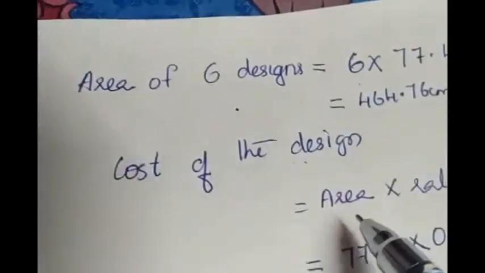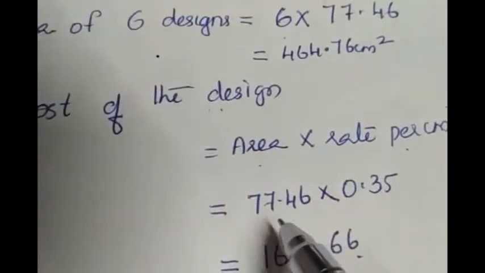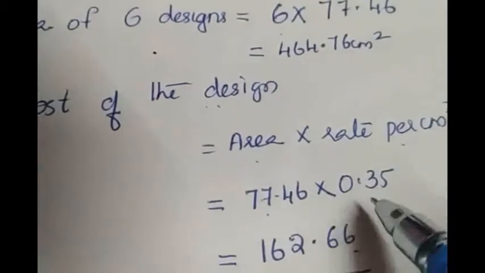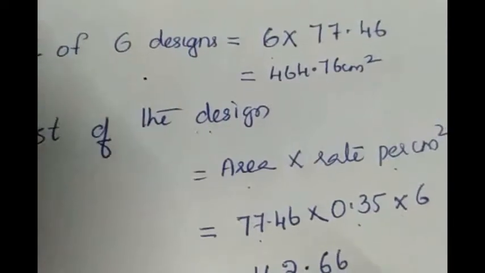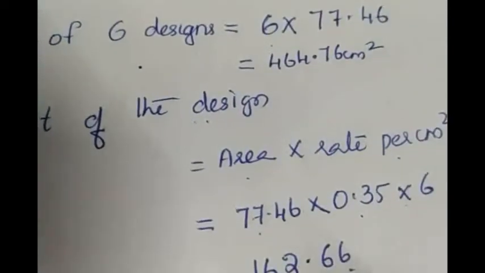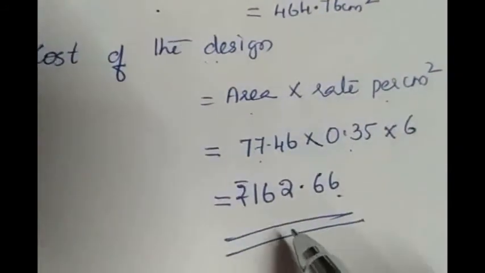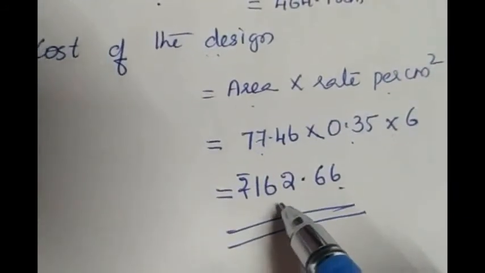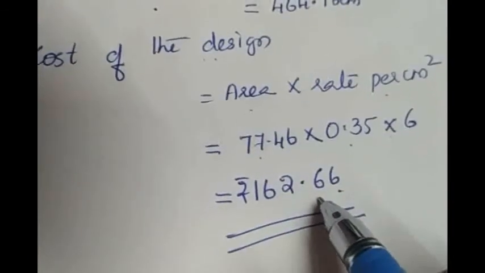Cost of the design will be equal to area into rate per centimeter square. That is 77.46 into 0.35 into 6, which gives you the value 162.66 rupees. So the amount we have to pay for all the 6 designs is 162.66 rupees.